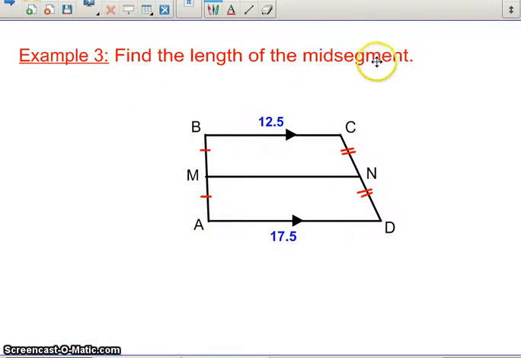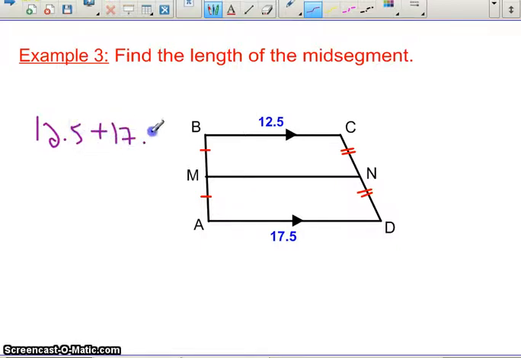Find the length of the mid-segment here. Okay, so again, this would be parallel to those two, but I have to add together 12.5 plus 17.5 and divide that by 2.